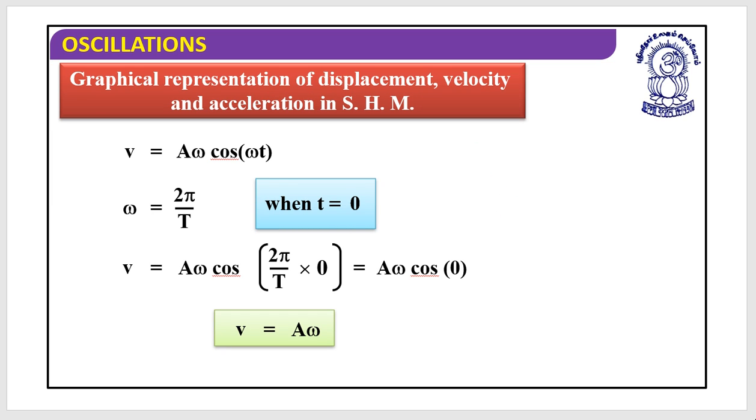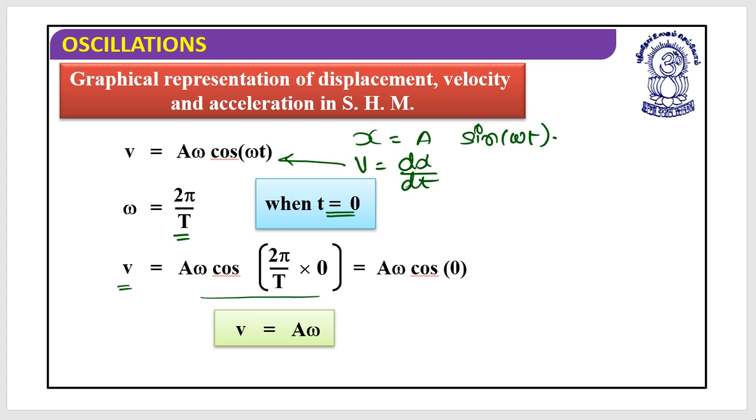Now we are going to represent the velocity in the same situation. If x is equal to a sin omega t, then differentiating, v is equal to dx by dt, which gives v equal to a omega cos omega t, where omega is equal to 2 pi by T. Let's say when t is equal to 0, then v is equal to a omega cos of 2 pi by T into 0.